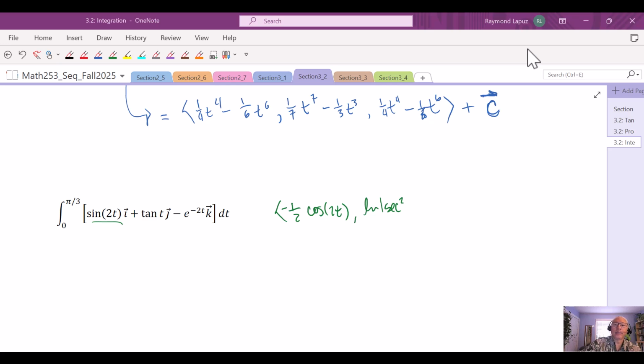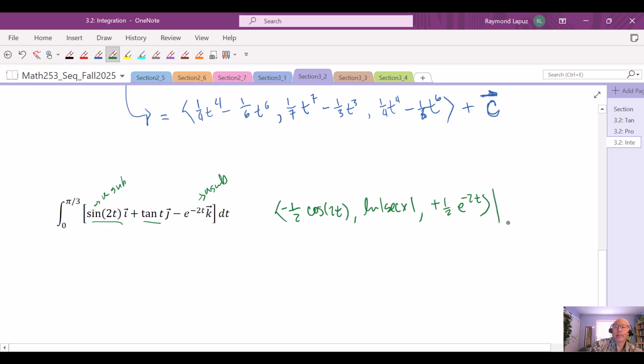I think it's like negative on the outside and then ln of cosine, but we can write it as ln of secant x. Again, no plus c. And then this last one has a negative sign, but then you'll have a negative after u substitution, a negative 1/2. So 1/2, and then e to the negative 2t. So both of these use a u sub, and then this is just the formula for the tangent, which is ln of secant.